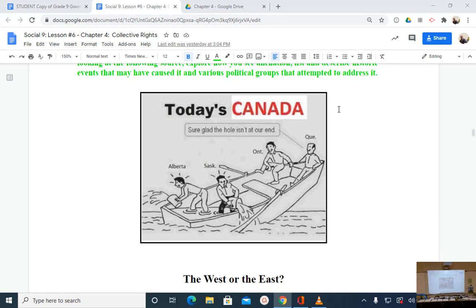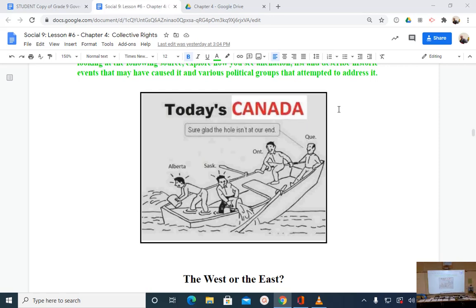The ideological perspective, the opinion, is that the conditions for the people within the boat are not equal. Looking at that boat, who would you want to be? What position would you want to be in? We have 4 options: Alberta, Saskatchewan, Ontario, and Quebec.